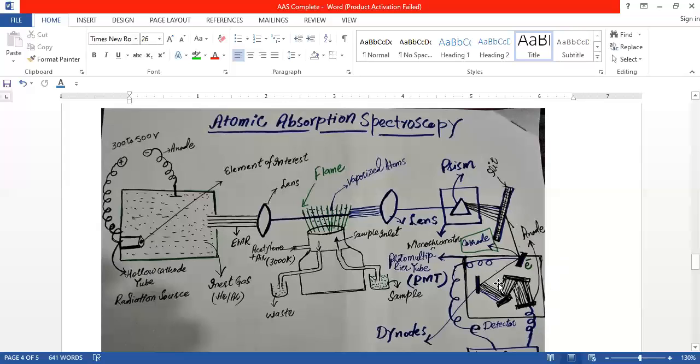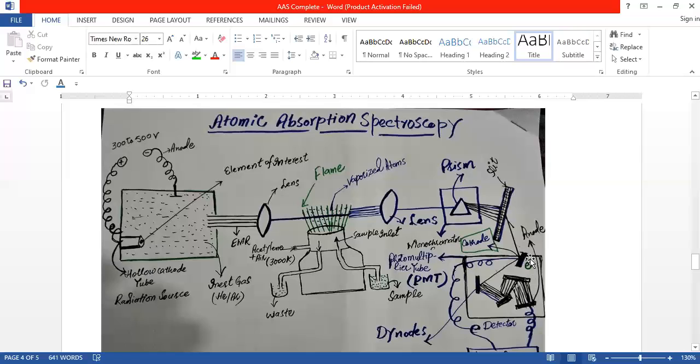So photons from electromagnetic radiation will attack the cathode of this multiplier tube, and from here the photon is converted into an electron.